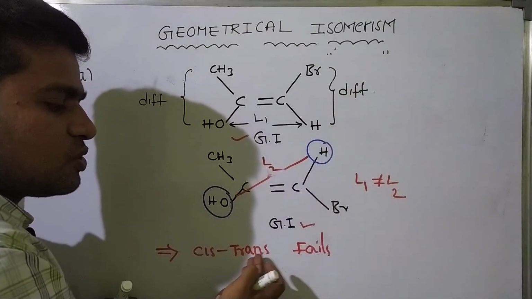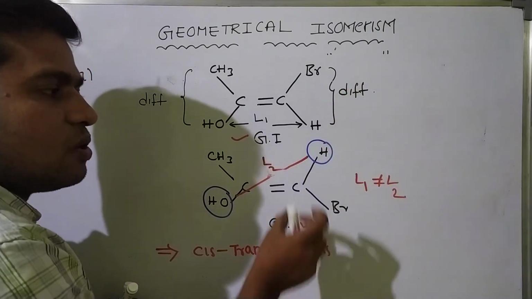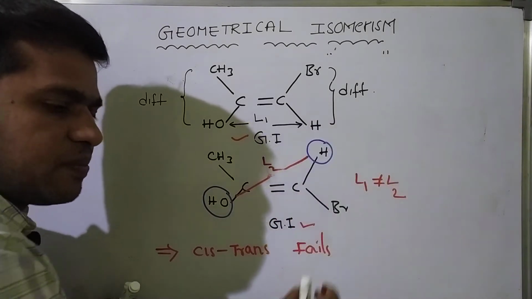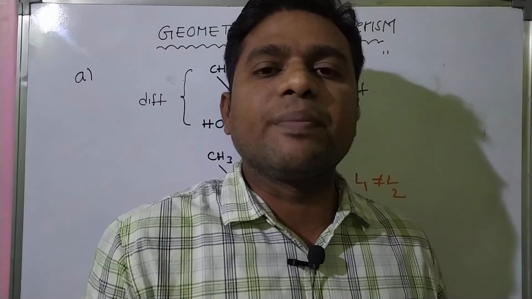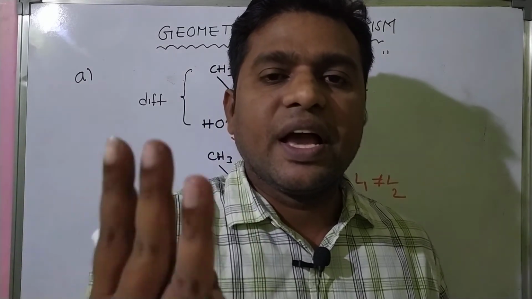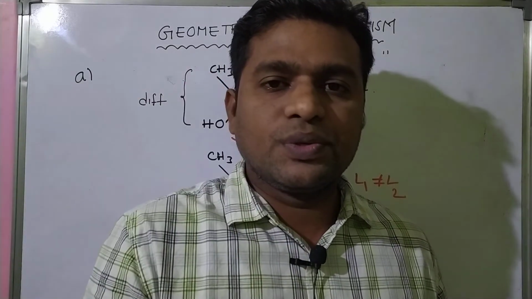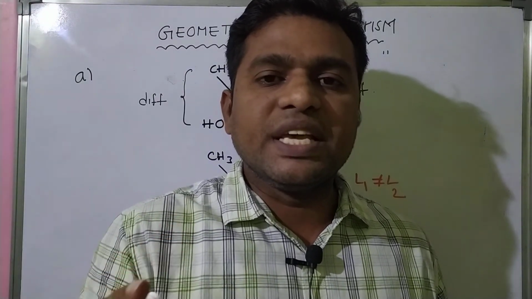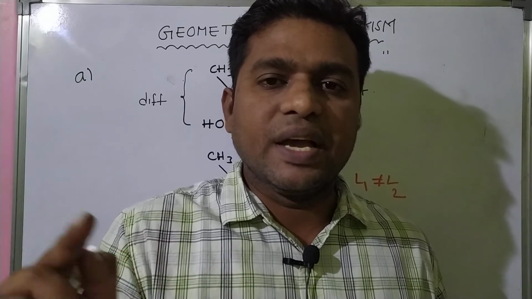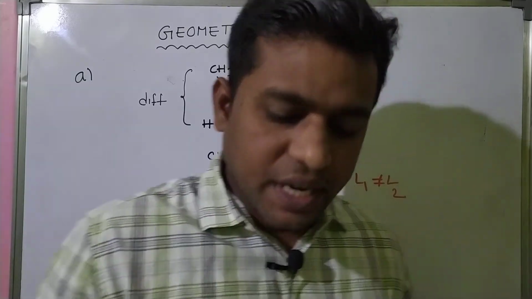But the cis-trans notation fails. So in this case, EZ notation was introduced in chemistry by 3 scientists according to some rules. Those rules are called CIP rules. Very, very important.